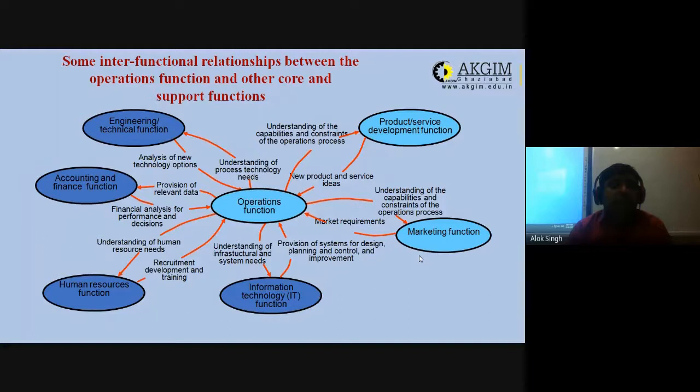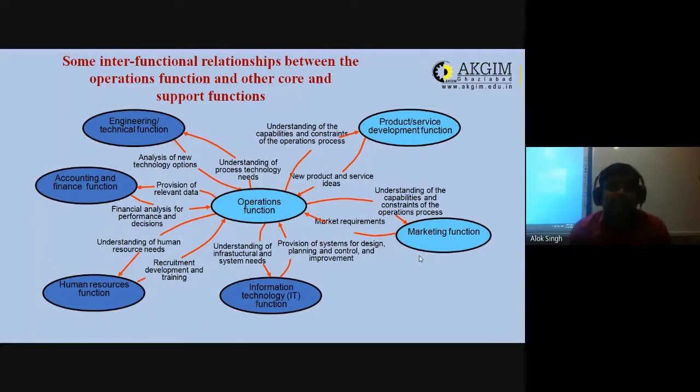They will recruit, select, and train them, and provide them to the operations function. Means recruitment, development, training and placement. All the things will be taken care of by the HR function for the operations function. HR will also provide to other departments, but here we are talking in terms of the operations function.